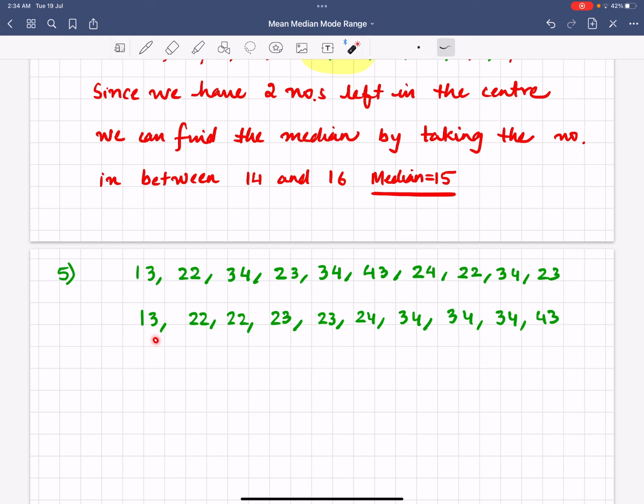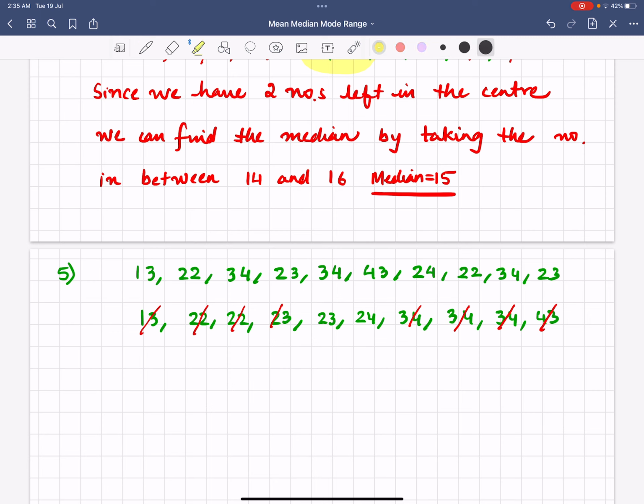So we have 1, 2, 3, 4, 5, 6, 7, 8, 9, 10 numbers. So let's start striking out from both the corners. 1, 1, 2, 2, 3, 3, 4, 4.